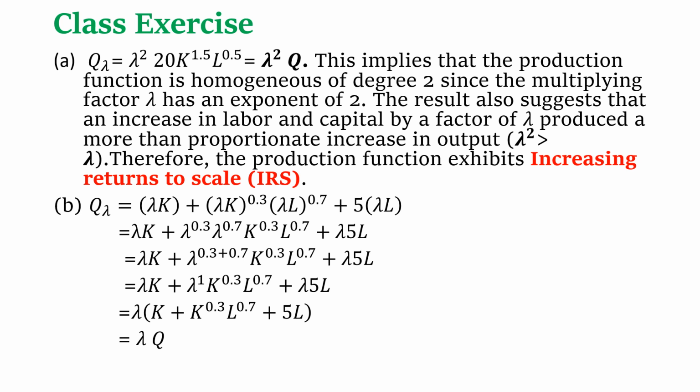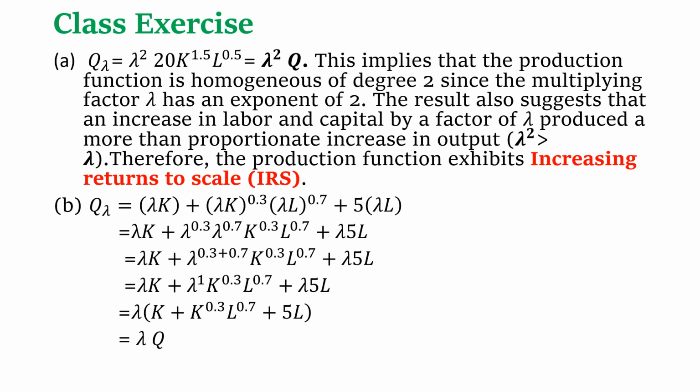Now, what we do here is we try to factor the common term here, which is just lambda. Remember, lambda to the 0.3 plus 0.7 is just lambda to the 1, right?